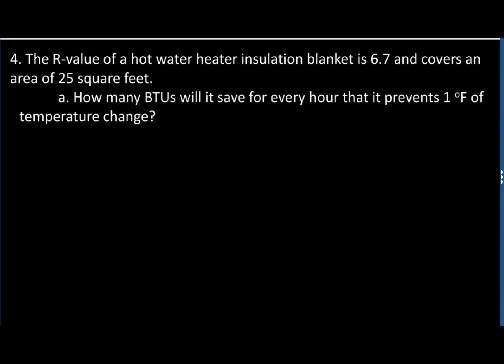So basically what we're going to do is, the R value is 6.7 for a blanket that covers 25 square feet. This is how many BTUs it will save for every hour it prevents 1 degree Fahrenheit of temperature change. So we have a formula on your sheet.